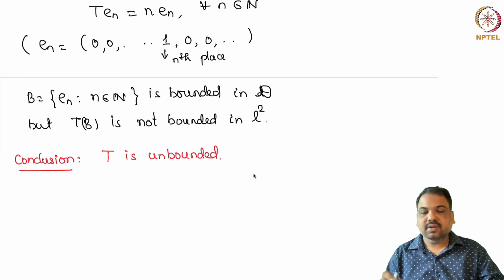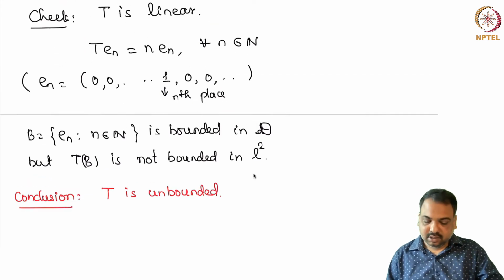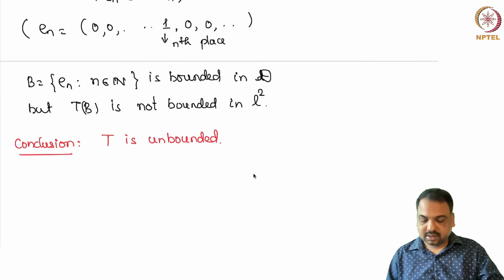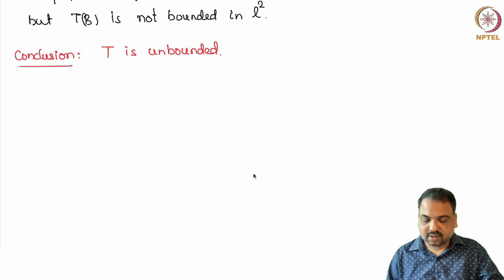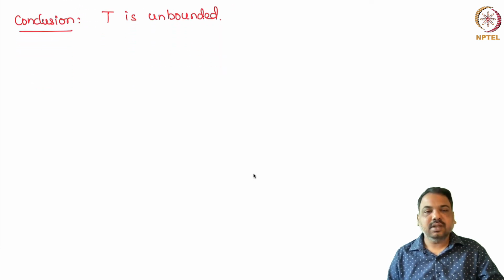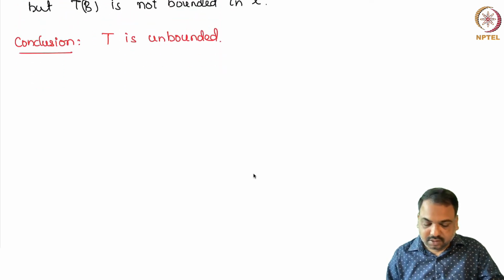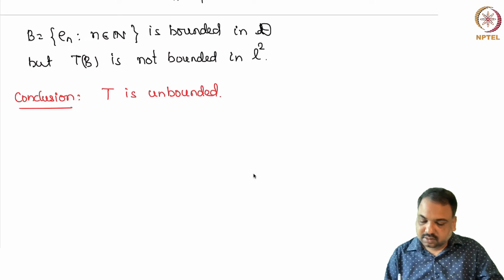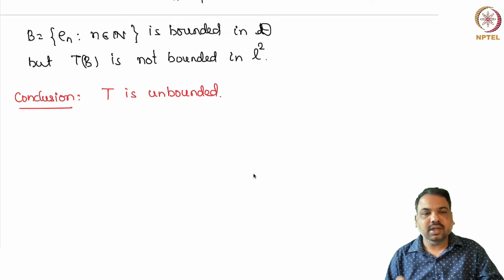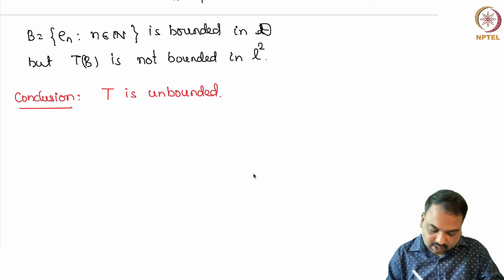But this operator has one important nice property, namely it's a closed operator. So next we discuss the meaning of a closed operator. Before discussing that, we need to know something about direct sums of Hilbert spaces. So let us look at that part.